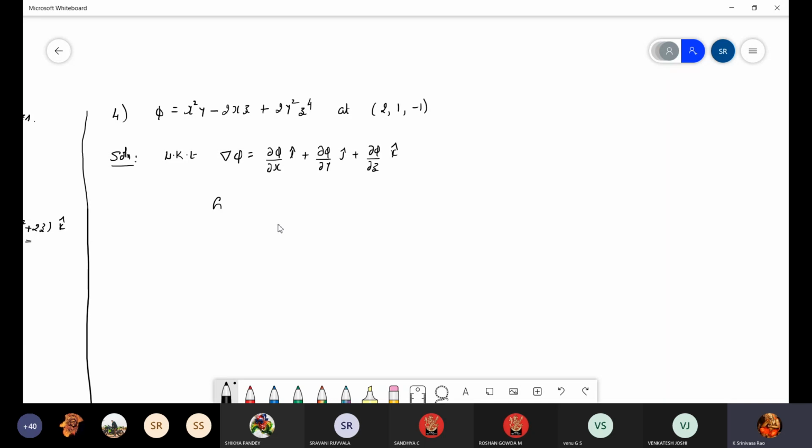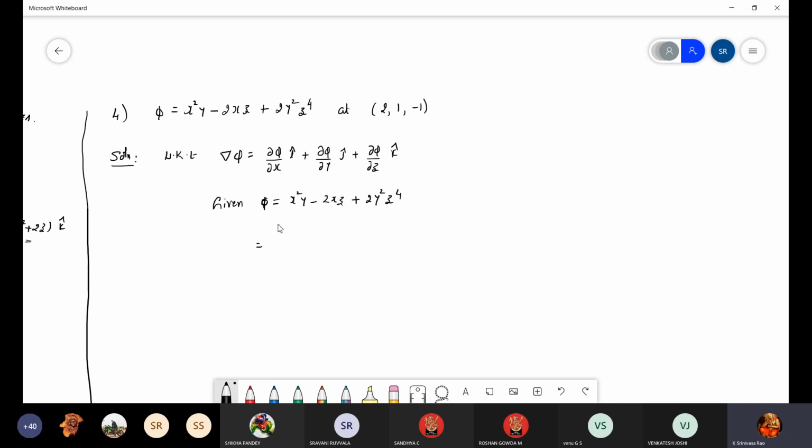So given, instead of substituting phi with all three, because it is a lengthy equation, just one is enough. Given phi equals x square y minus 2xz plus 2y square z power 4.